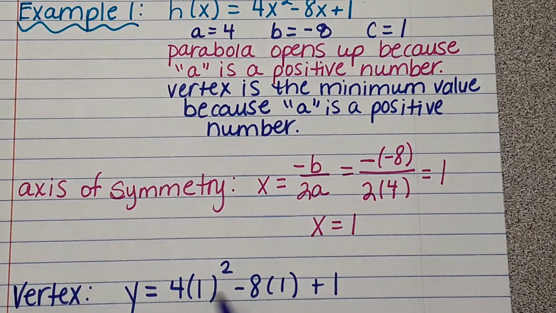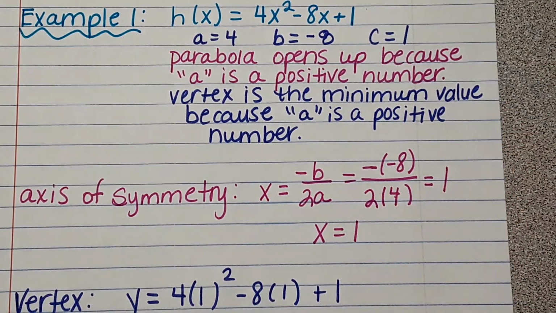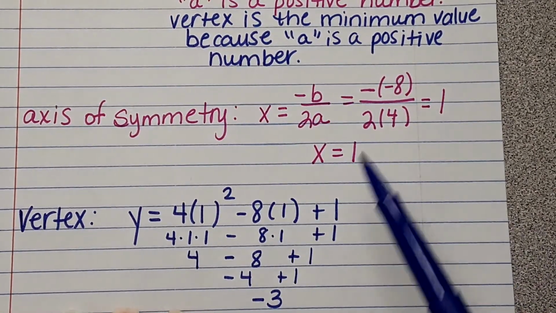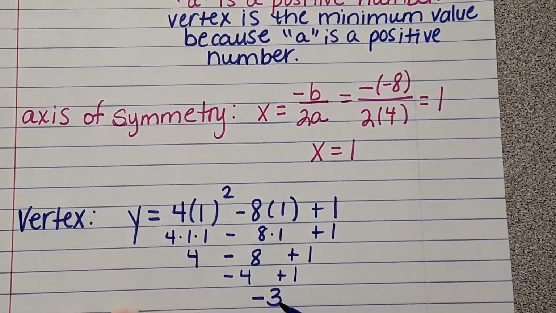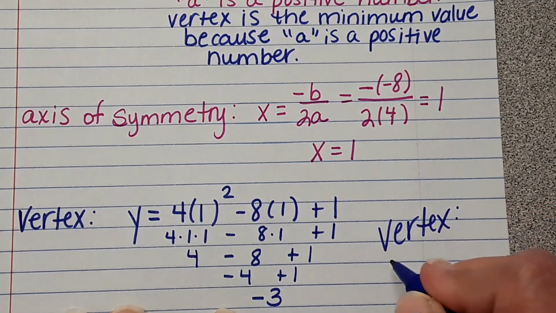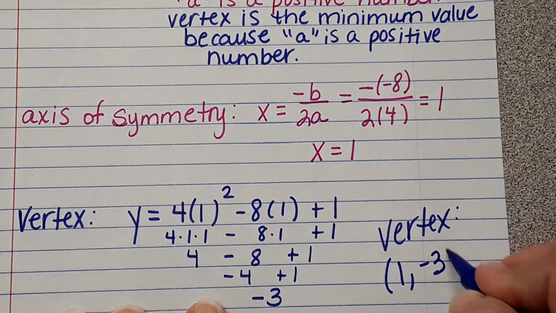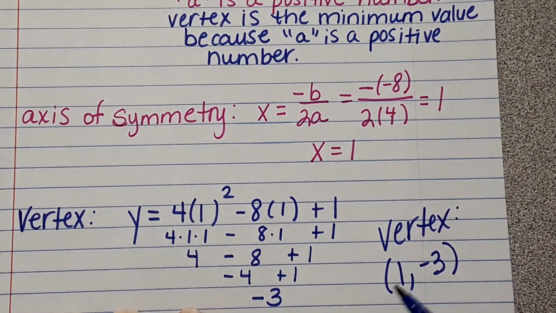So I replaced x's with 1's because x equals 1. I just replaced it in this equation. So I plugged it in, and I got my answer as -3. Well, in my notes, it said the vertex is the axis of symmetry, which is 1, and then whatever answer you got from plugging the axis of symmetry in. So, if you have your graph paper, what I want you to do is go and graph 1, -3.